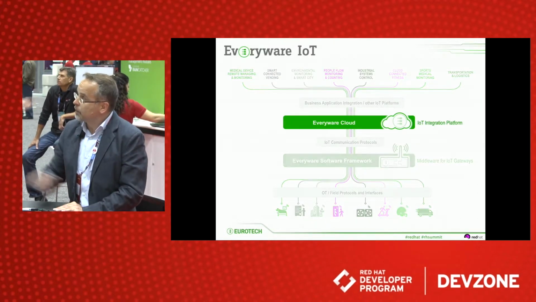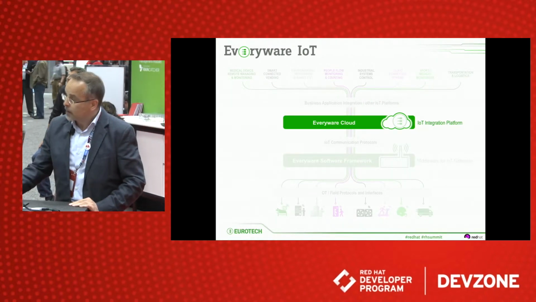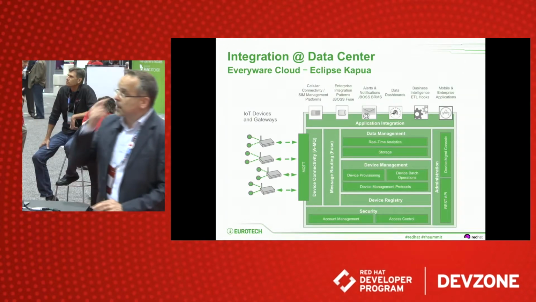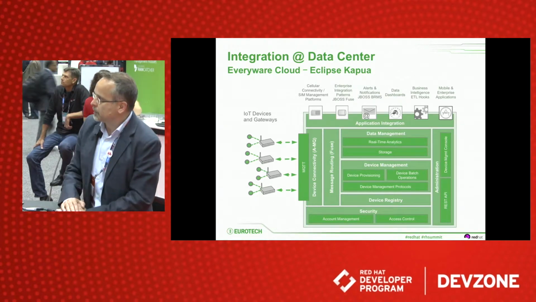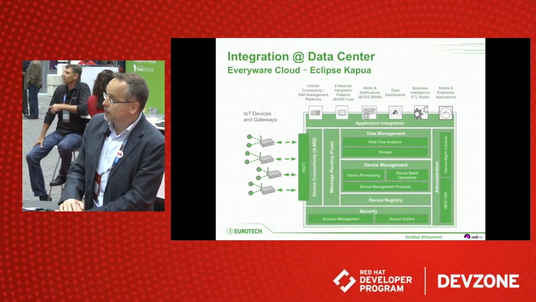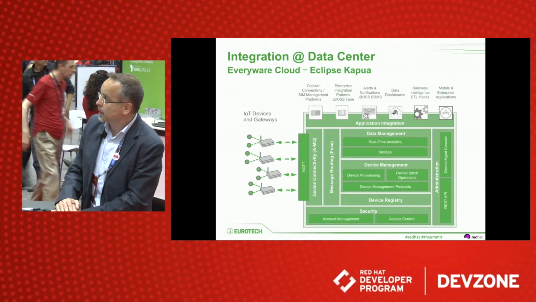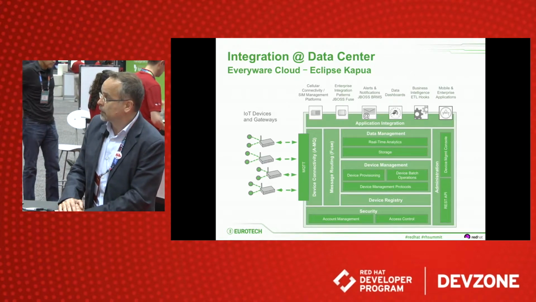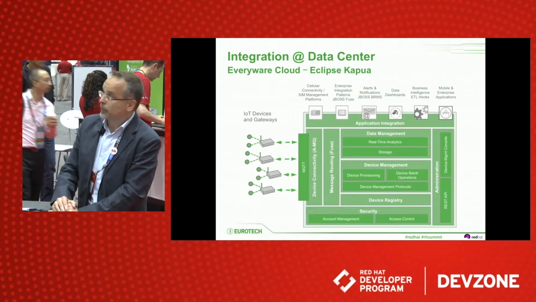Now let us zoom on the second part, the Everywhere Cloud part, and talk about integration at the data center. Here you see from this diagram that there are many, many modular services that build the Everywhere Cloud part, from the data management of real-time analytics and storage to also the device management.